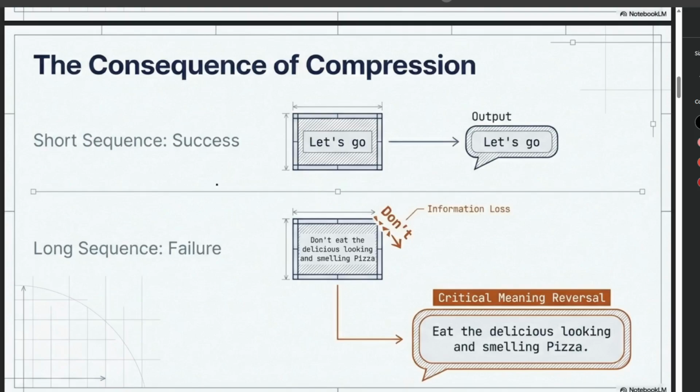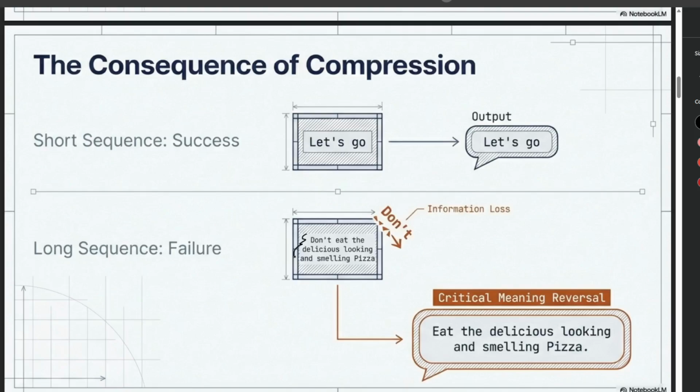Consider this example. I got this example from a video on StatQuest. It's: don't eat the delicious looking and smelling pizza.